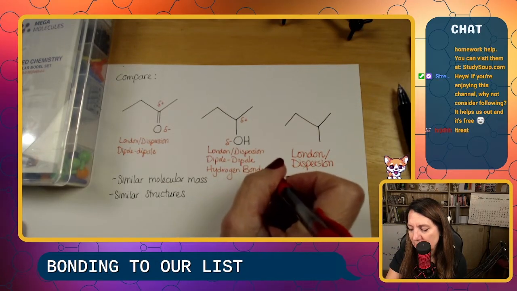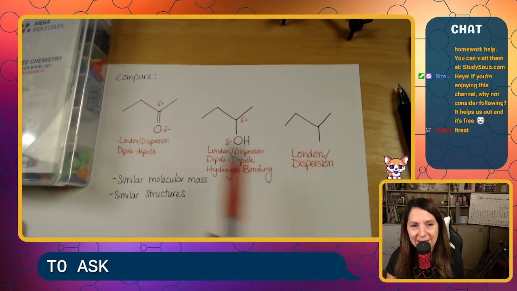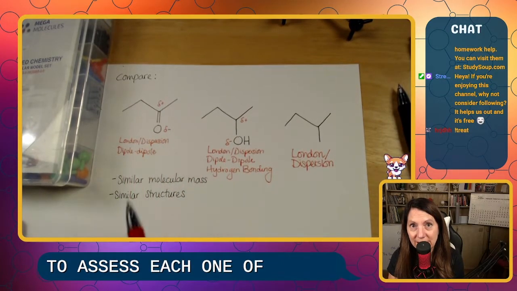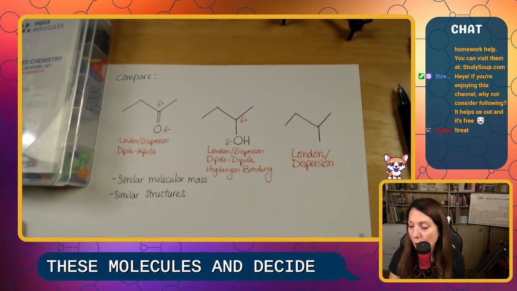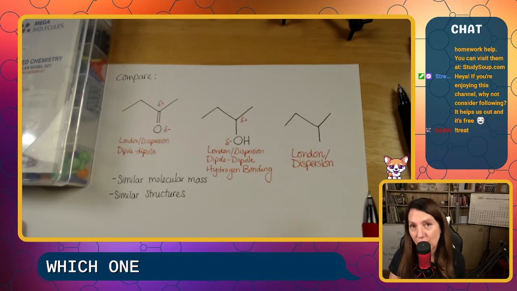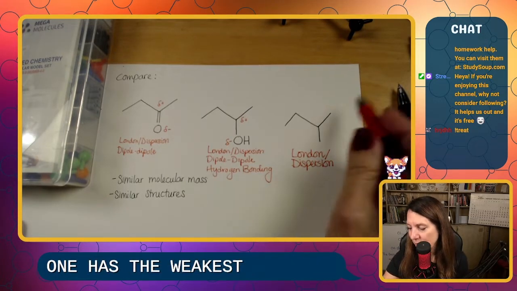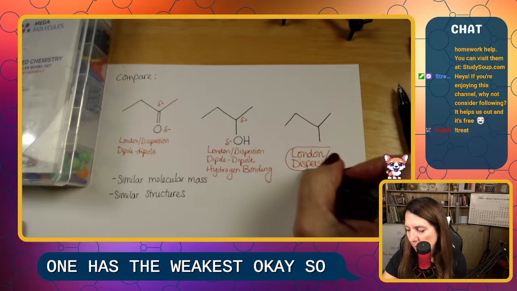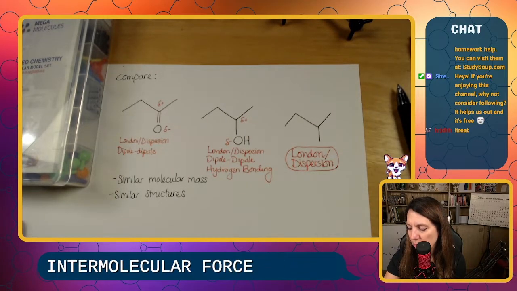Ultimately, this allows us to assess each one of the relevant intermolecular forces for each of these molecules and decide which one has the strongest intermolecular forces and which one has the weakest. This molecule has just one intermolecular force, London dispersion.